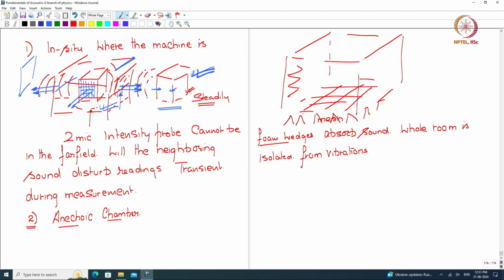Now if you place a source over here, you will only measure outgoing sound. No reflections from the wall.